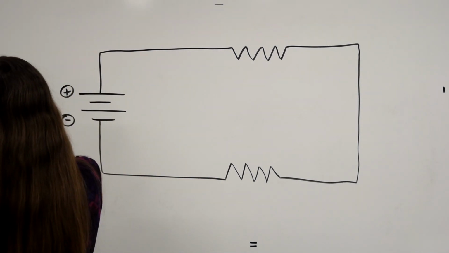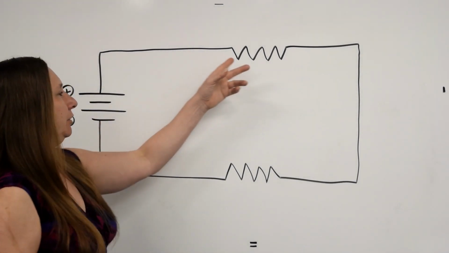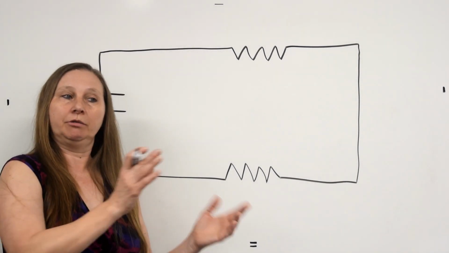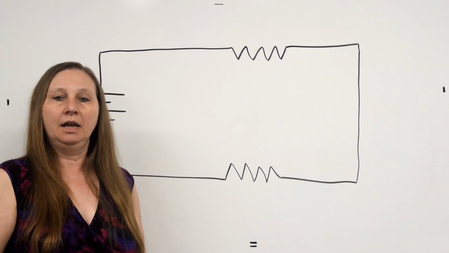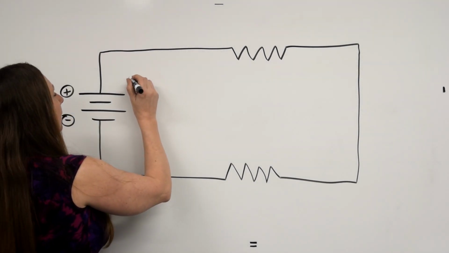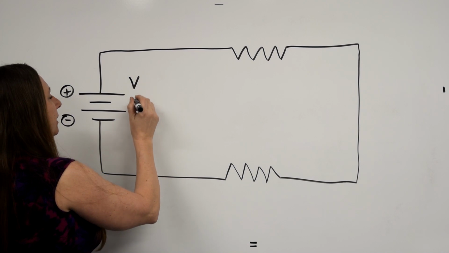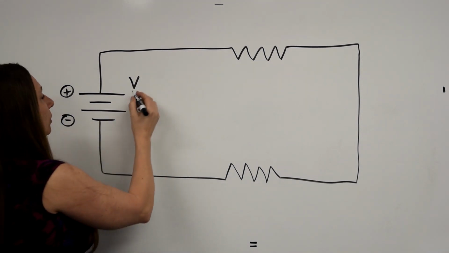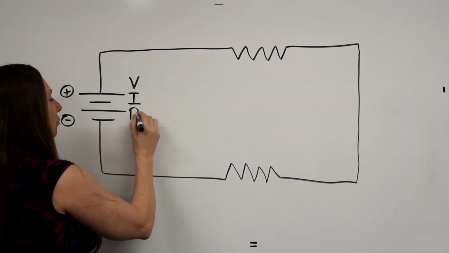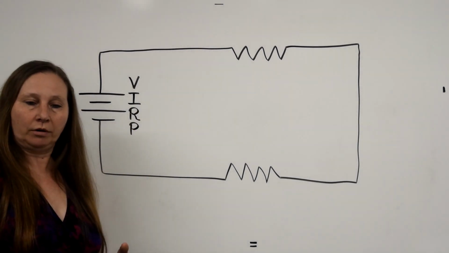Now, every component in a circuit, the battery, the resistors, the light bulbs, any devices that you're using, the refrigerator, the microwave, etc., has its own voltage. So the battery has its own voltage. They have their own current, I. They have their own resistance and their own power.